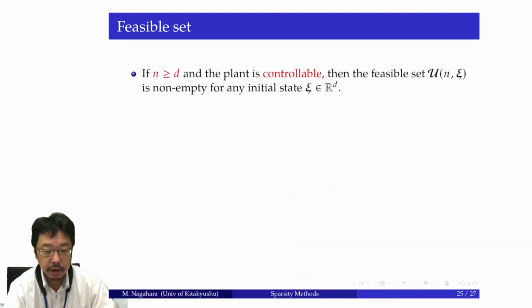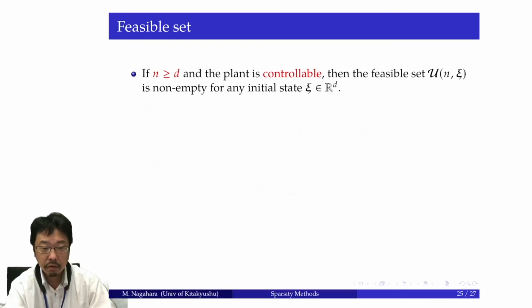It is easily proved from an elementary control theory that if N is greater than or equal to d, where N is the horizon length and d is the dimension of the state space, and the plant is controllable, then the feasible set U_N(xi) is non-empty for any initial state xi in R^d.